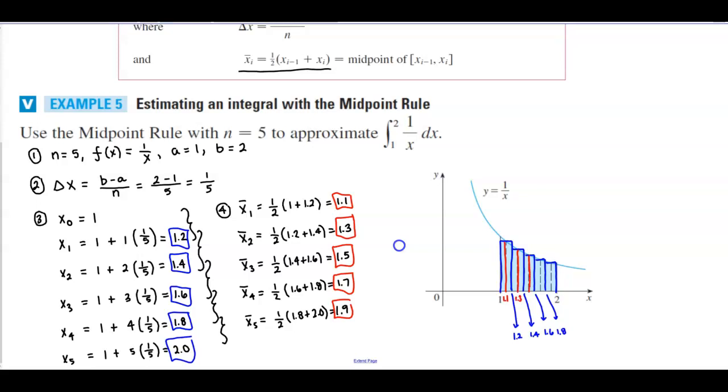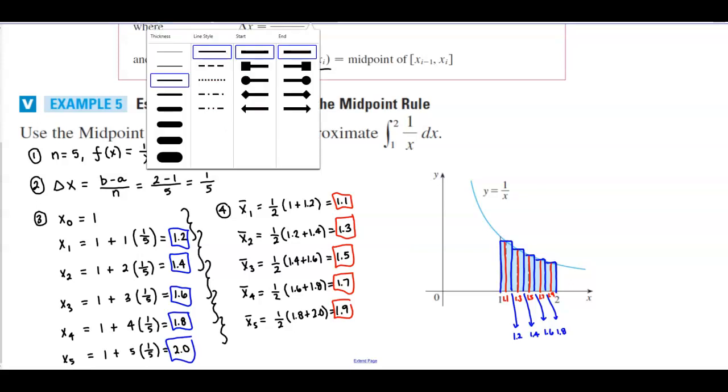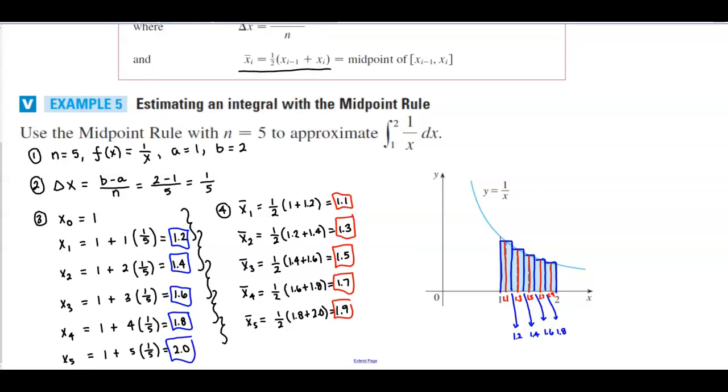This midpoint here represents 1.5. This one represents 1.7, and this one represents 1.9. Okay, so now we have our midpoints, and now we can go ahead and determine the area of this.